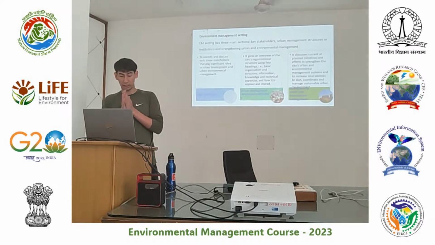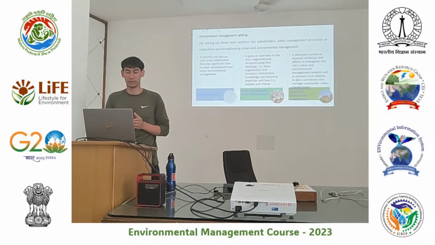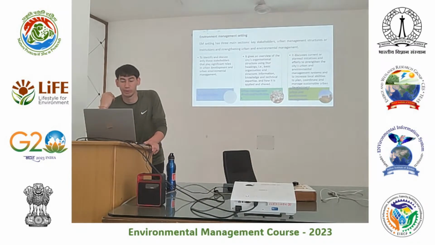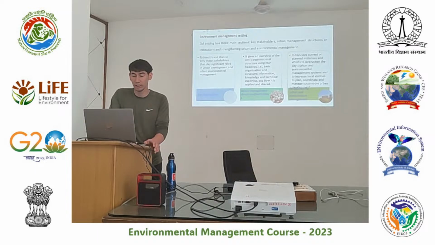And second is urban management structures or institutions. It gives an overview of the city's organizational structure using four areas: basic organization and structure, information, knowledge, and technical expertise, and how it is applied and shared.